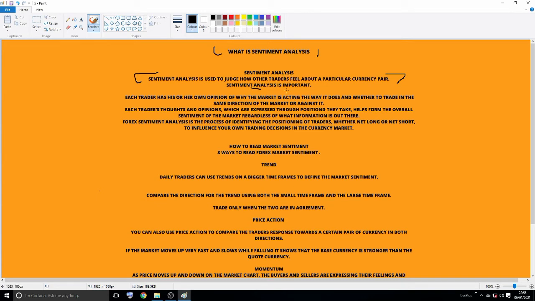Sentiment analysis is very important. It's important to understand how other traders feel about a particular currency pair, because you might be selling while other traders are just buying it, and you are selling it alone. Each trader has his or her own opinion of why the market is acting the way it does, and whether to trade in the same direction as the market or against it.